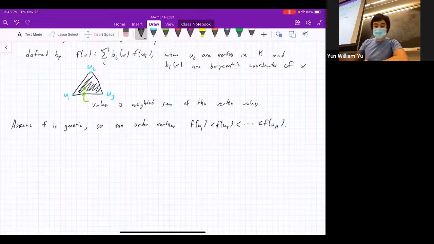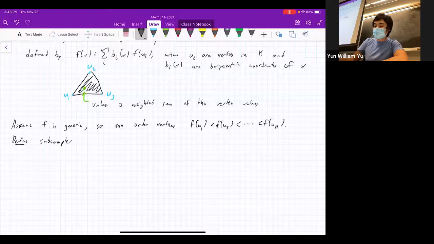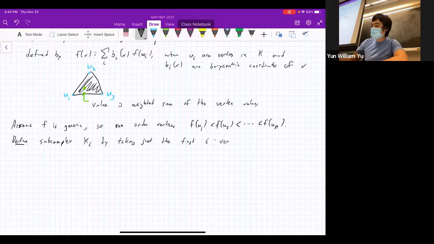Okay, so now that we've done that, we can define a subcomplex Ki by taking just the first i vertices. If you're thinking about this as some function that you've defined on some shape that you've triangulated, what you're saying is that as your function value goes up past a vertex, you're including all the vertices below it.